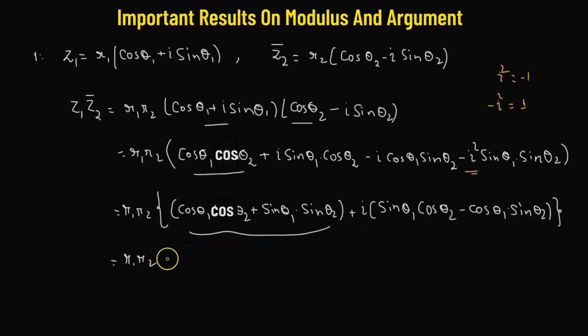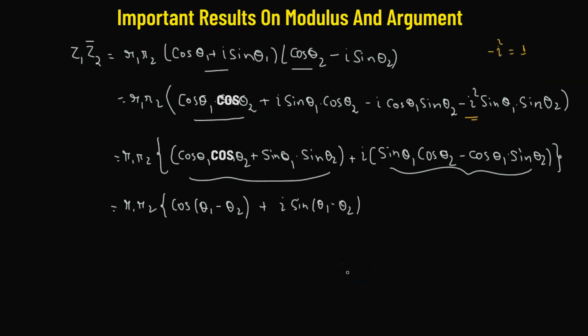This is the expansion of cosine of theta 1 minus theta 2 plus iota times, and this particular expression is the expansion of sine of theta 1 minus theta 2. So that means we now have a complex number z1 times z2 conjugate, that's equal to r1 times r2 multiplied to cosine of theta 1 minus theta 2 plus iota times r1 times r2 times sine of theta 1 minus theta 2.